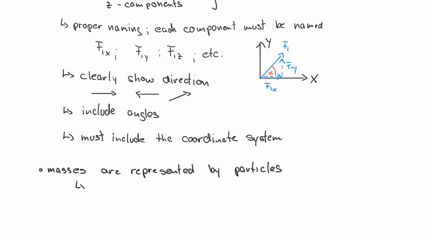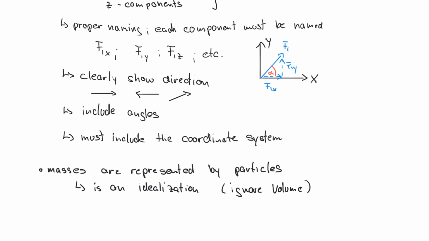Which of course is an idealization, so this is not true in real life, but it is representative of the mass and not the volume. We talked about this at the beginning. So ignore volume, only worry about the mass.